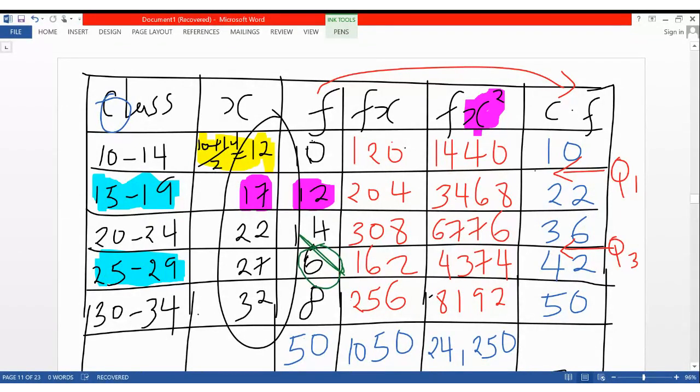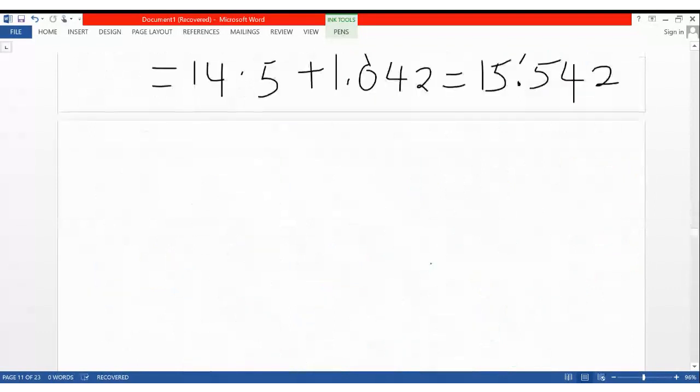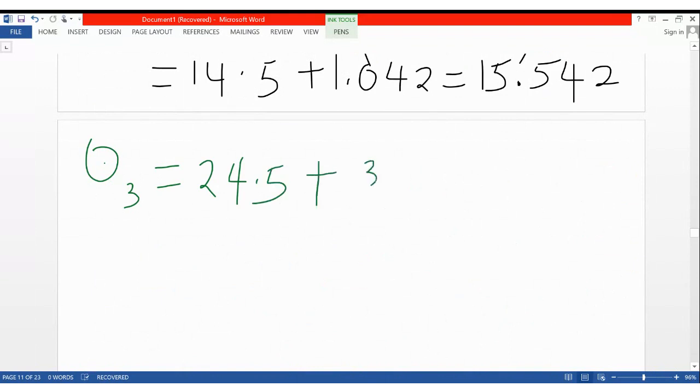So this is what I'll get now for Q3. The lower class boundary is 24.5. Then I'll have the 3/4 N, and then I subtract 36. The frequency at that class was 6, and then I multiply by 5.